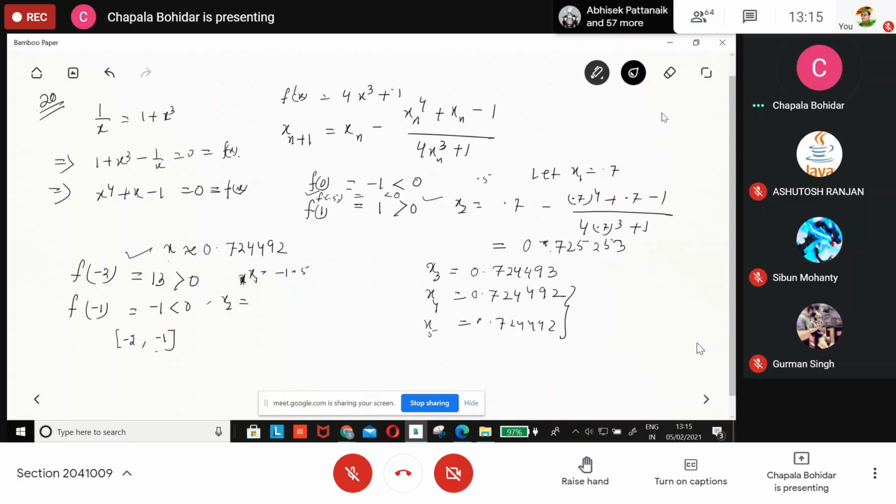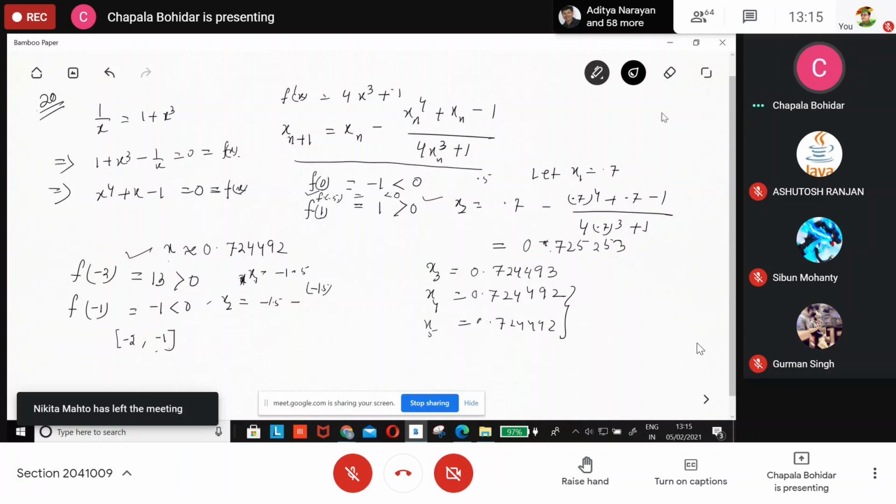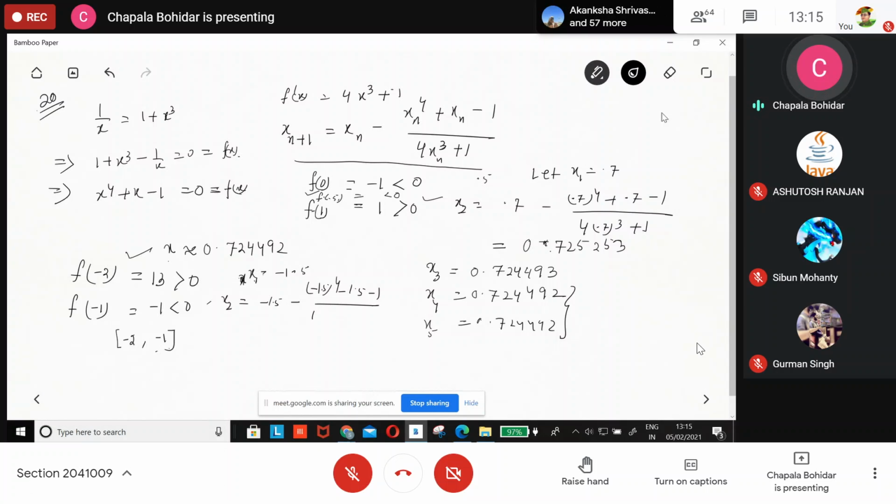Up to 6 decimal, using this formula, x2 is equal to -1.5 minus -1.5 to the power 4 minus -1.5 minus 1, divided by 4 into -1.5 to the power 3 plus 1.